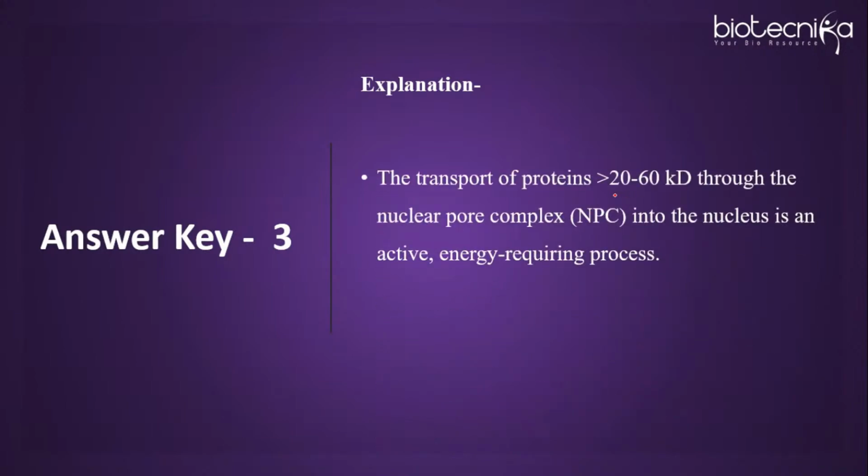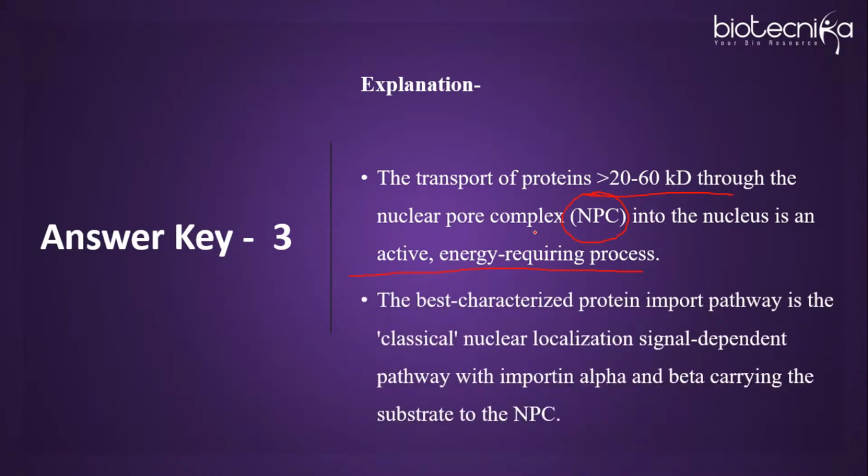So the transport of proteins around 20 to 60 kilodalton will be taking place through your NPC, that is nuclear pore complex. So this is a highly energy requiring process. So definitely there will be a hydrolysis of ATP or GTP taking place.